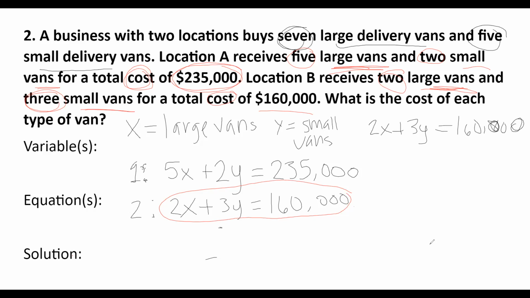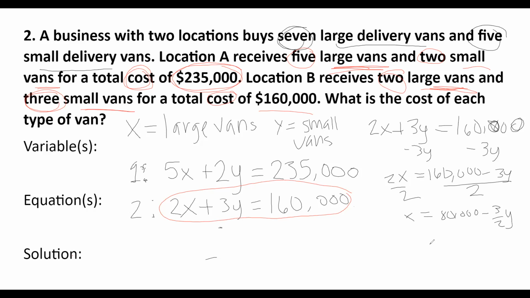So you're going to subtract 3y from both sides. 2x equals, and you have to divide both sides by 2. So x should equal 80,000 minus 3 over 2y.